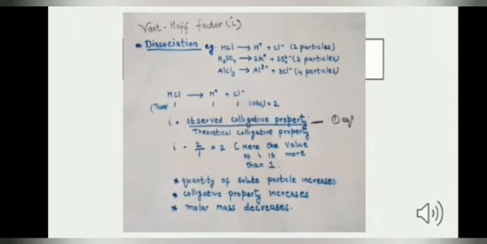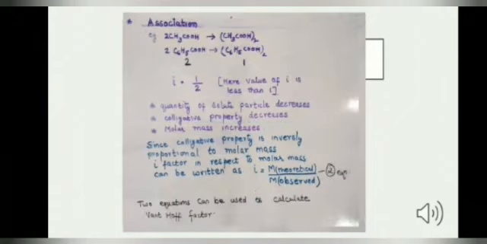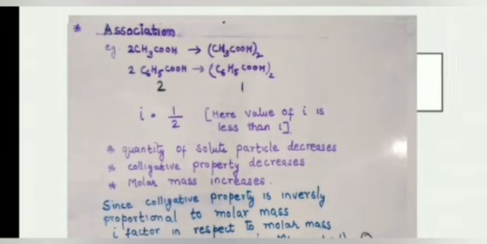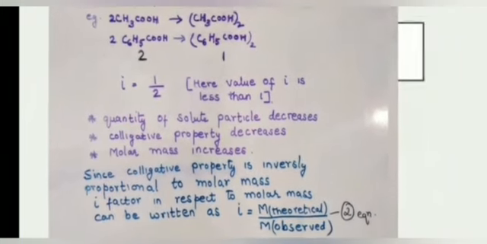Now let us see what will happen when association takes place. In some non-polar solvents, 2 or more molecules of the solute associate to form bigger molecules, that is, they form a dimer. Some examples we can take are acetic acid, benzoic acid, etc. Now when acetic acid is dissolved in benzene, a dimer is formed.